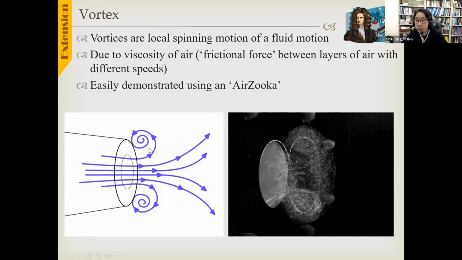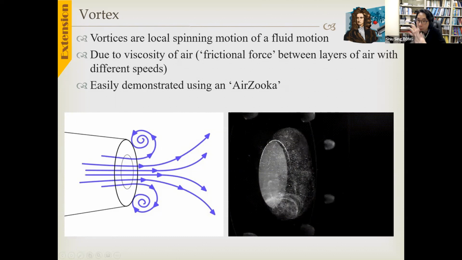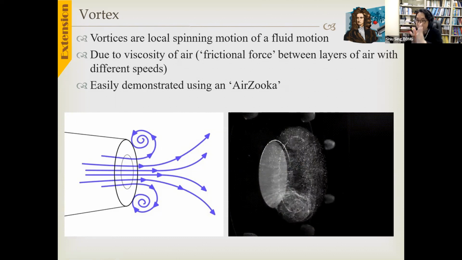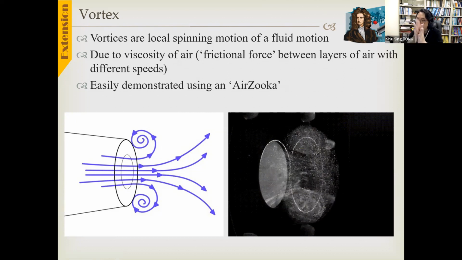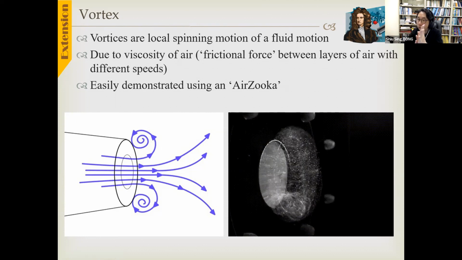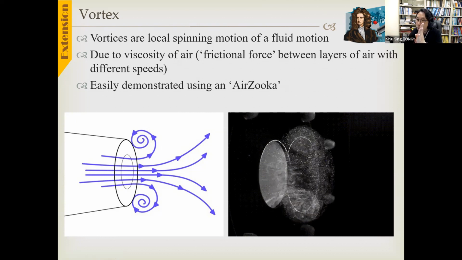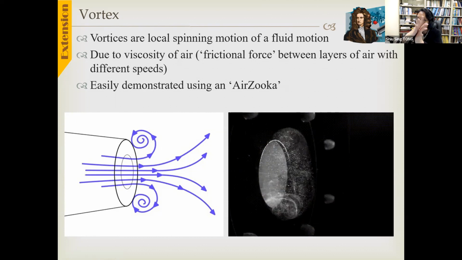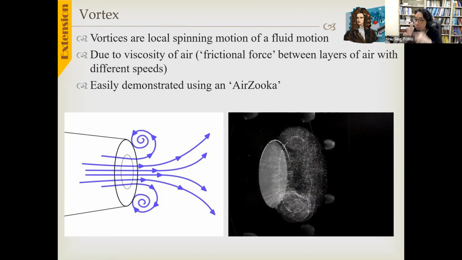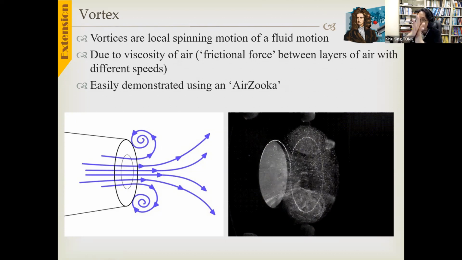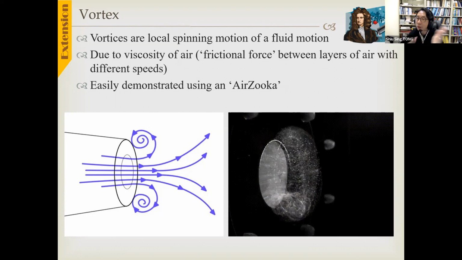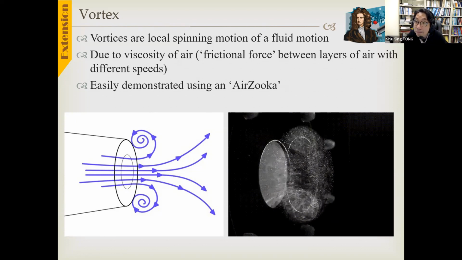This is due to viscosity. If you have two layers of different velocity, one flowing past the other at a high velocity, you set the slow layer into rotation because of the frictional force, and the frictional force is due to the viscosity of air.